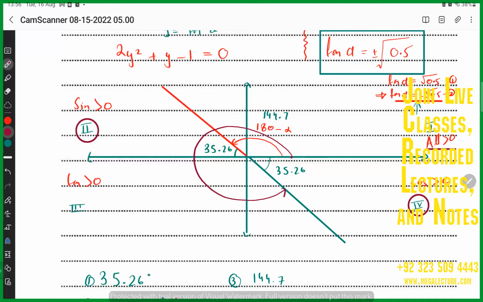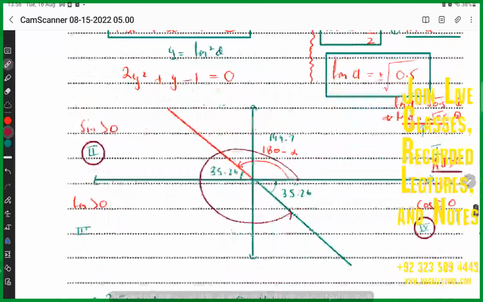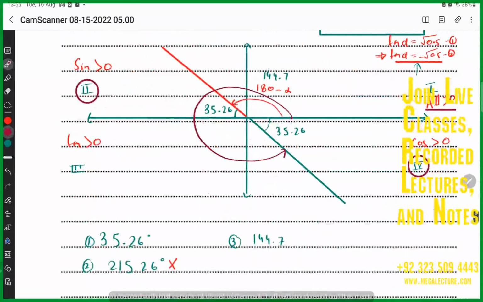If I talk about angles in a circle, that's 360. I'll just take 35.26 out, and this is going to give me 360 minus 35.26, and that is 325. The fourth one is 325 degrees. Now, what was the issue with this one?